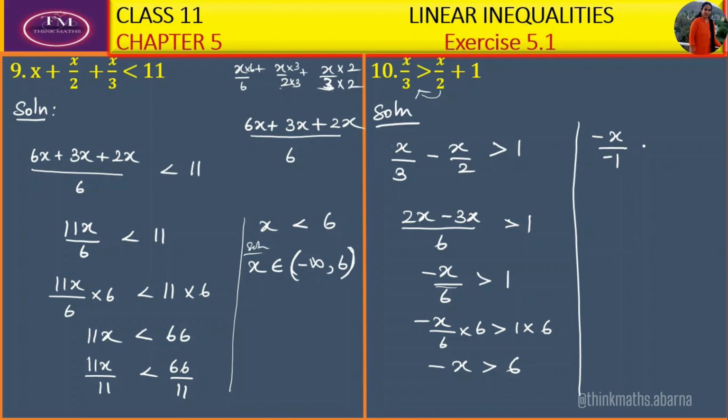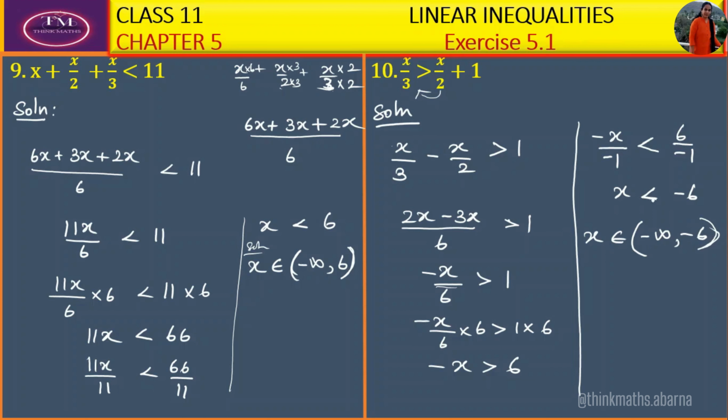But what about the inequality? It changes to less than. Less than 6 by minus 1. So x is less than 6 by minus 1 is minus 6. So what is the solution? x will belong to, as it is less than, we will start with minus infinity comma minus 6 and close with the curly bracket.